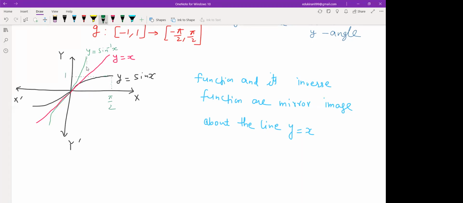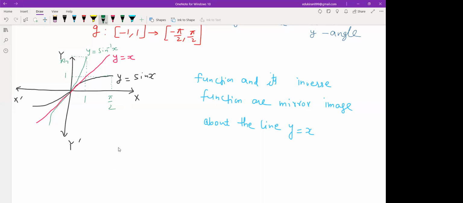Then here at 1, you will get the value of sine inverse x as pi by 2. The role reverses. Because we know that here the input is the value and output is the angle. So this will be the graph of sine inverse x.